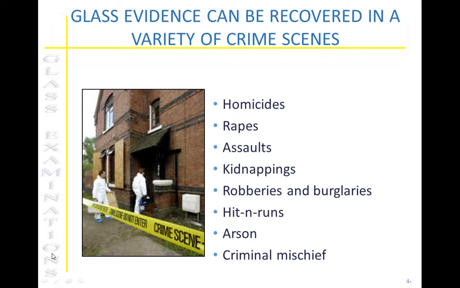Glass evidence can be found at a wide variety of different types of crime scenes. So you can consider it as possible evidence in homicides, rapes, assaults, even arson and criminal mischief type cases.